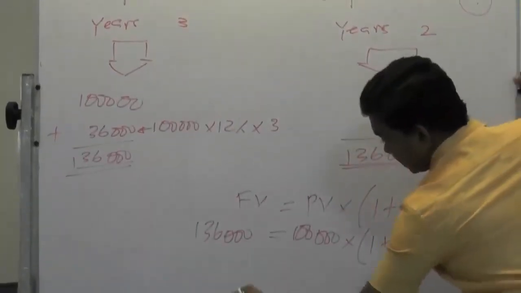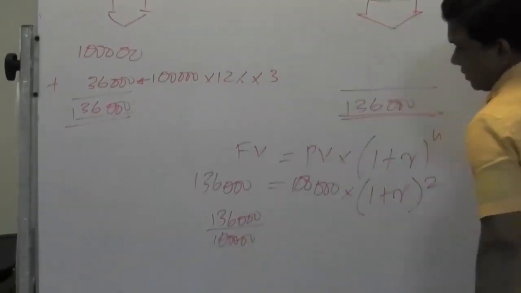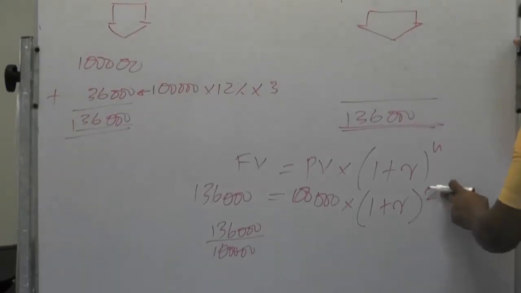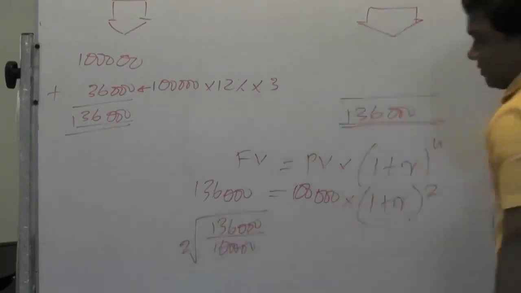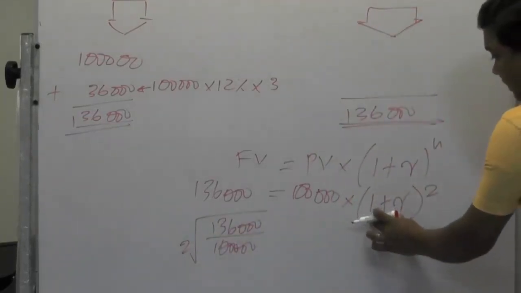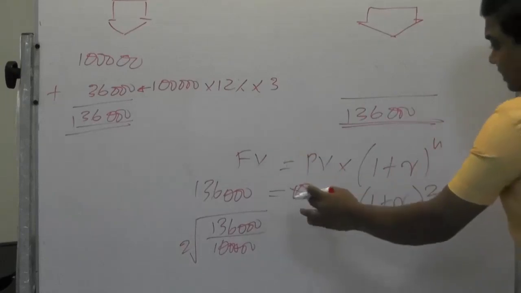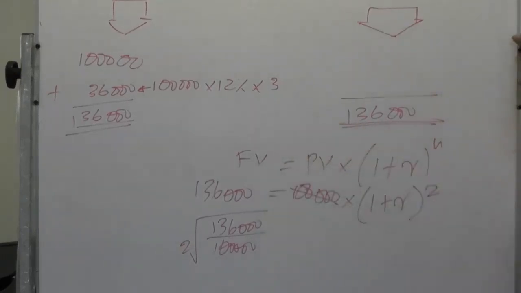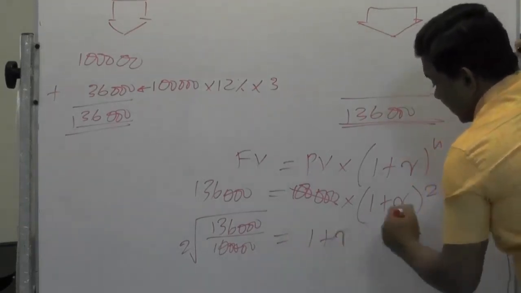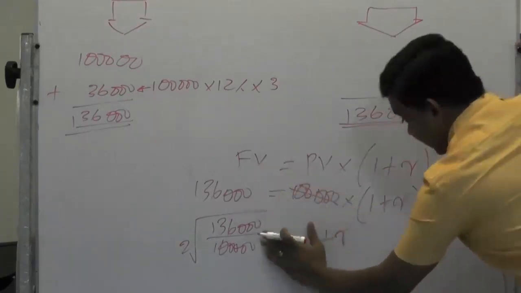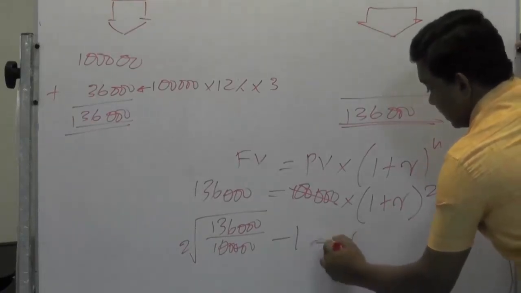Take this 100,000 to the other side, then 136,000 divided by 100,000, right? Then you can take the power of 2 to the other side as square root of 2. Now you have only 1 plus r here, right? 1 also you can take to the other side. How? Minus 1, because here you have plus 1. Now this is the r.